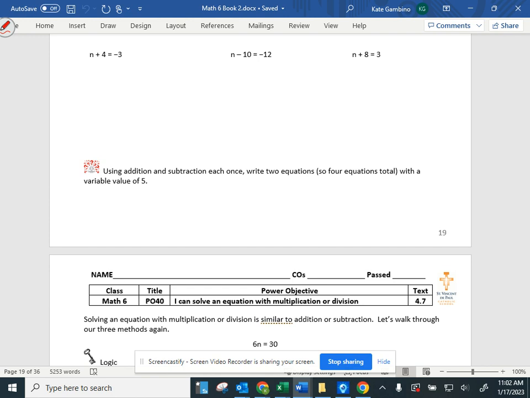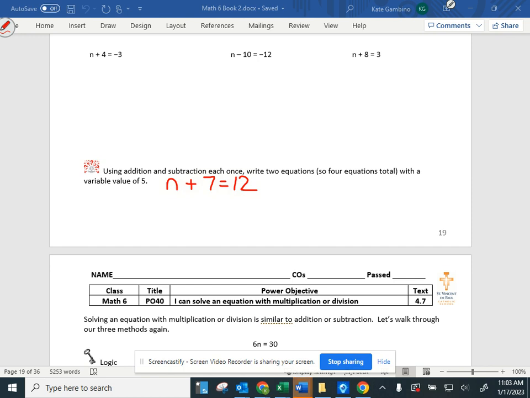But our variable needs to be 5, not the answer. So one that I came up with would be n plus 7 equals 12. Because if I put my variable to be 5, my n now equals 5. 5 plus 7 equals 12.